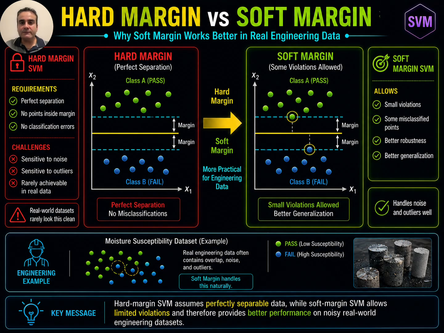Soft margin SVM allows a limited number of observations to violate the margin by permitting small classification errors. The model becomes more flexible and better able to handle real-world data.